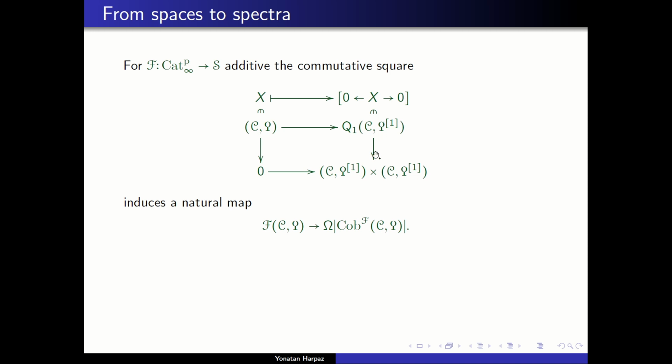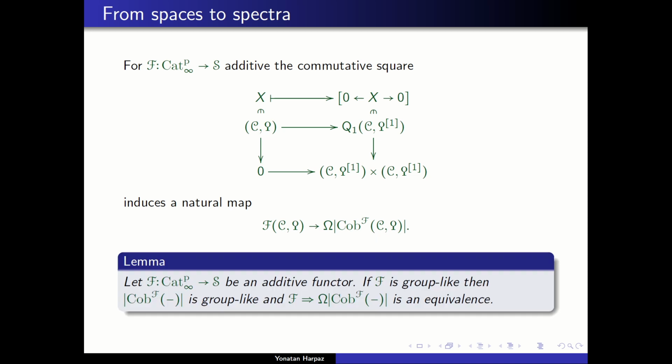In the Segal object that encodes the f-based cobordism category, this fiber is exactly the mapping space from 0 to 0. And so this ends up giving a map, and the mapping space from 0 to 0 naturally maps to the loop space of the geometric realization. And so we end up with a natural map from f C copa to the loop of the geometric realization of the f-based cobordism category.